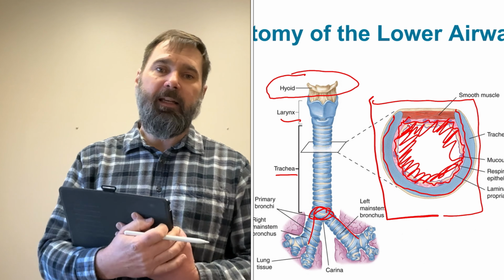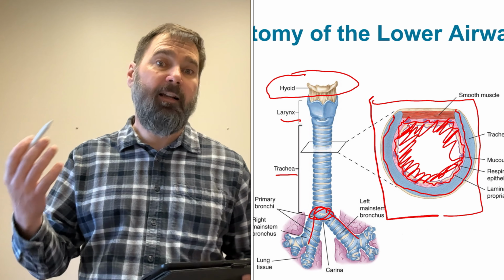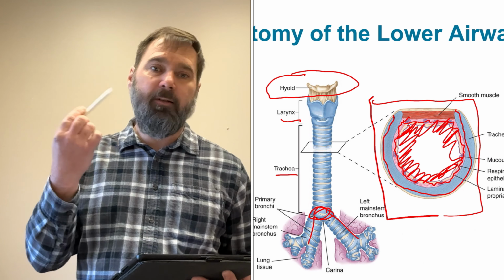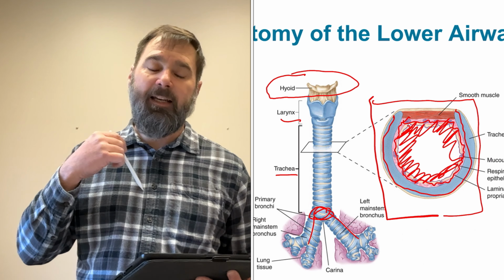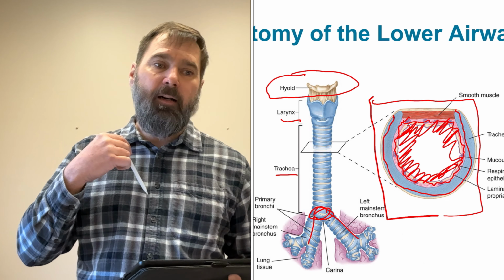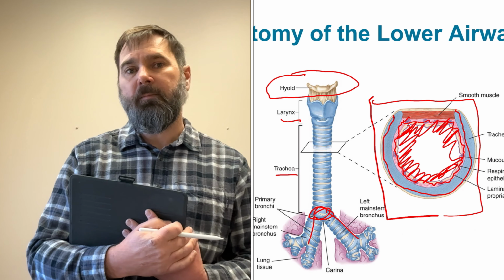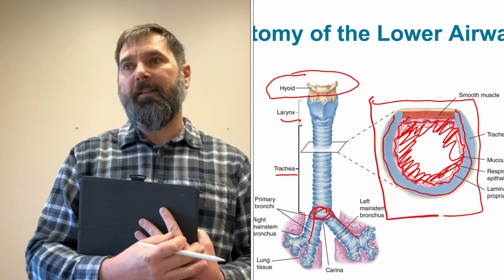Another concern would be any upper airway burns or inhalation burns. Not only would you have airway swelling in your pharynx, nose, or mouth, but if somebody inhaled hot steam, it can burn the lower airways as well. And those may have similar things.